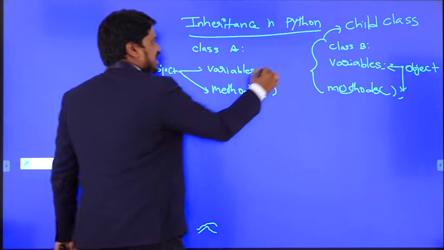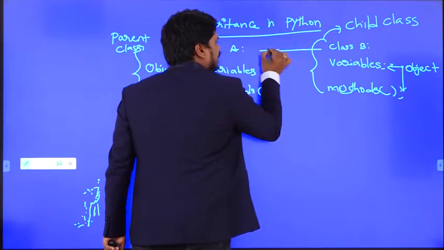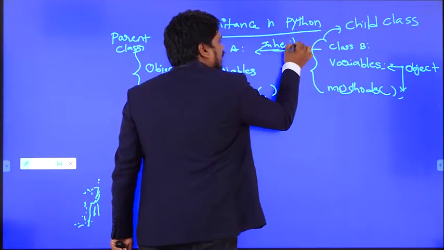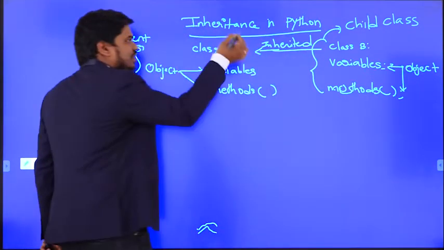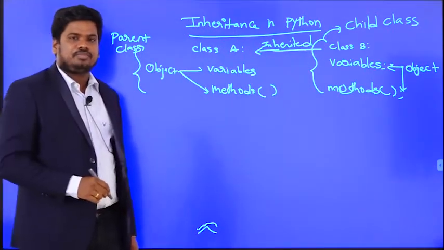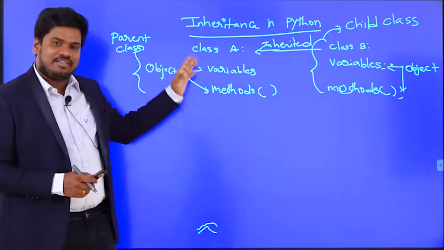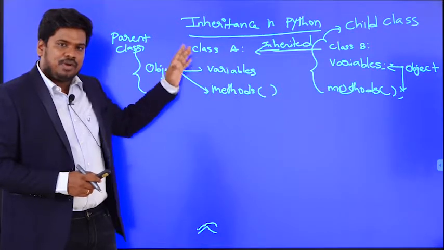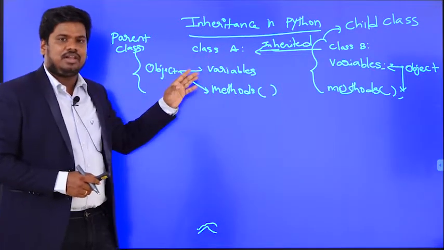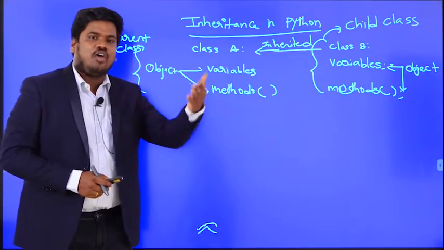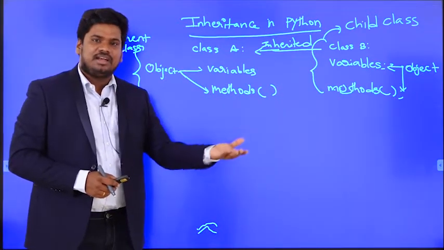So here the child class, that is B, will always inherit the properties of class A. That means a child class will always have the properties of a parent class. For example, a child will always have the offspring from their parents, isn't it?